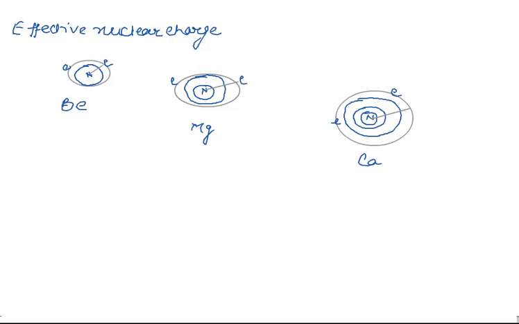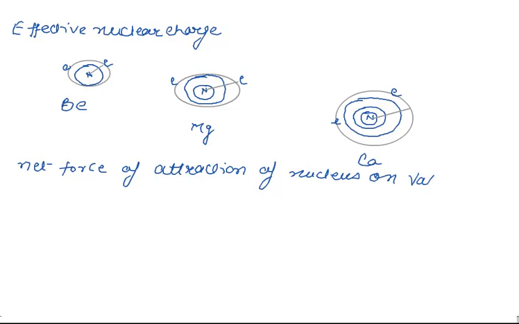The distance is increasing, so the net force of attraction of nucleus on valence electrons is decreasing. Now let's see why it is decreasing. What is happening? Why is it decreasing?